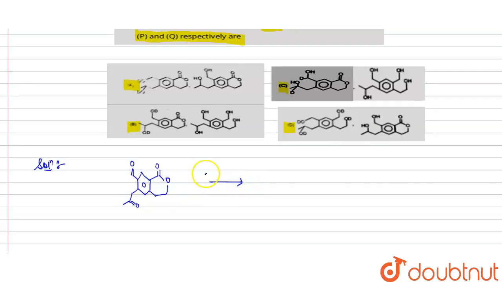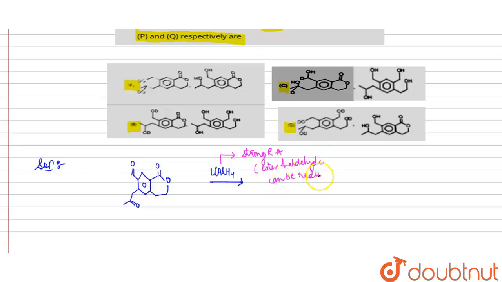If we carry out its reaction in the first case with lithium aluminium hydride, let us first understand the role of lithium aluminium hydride. It is a strong reducing agent which can reduce ester and aldehyde. Ester and aldehyde both can be reduced by using lithium aluminium hydride.